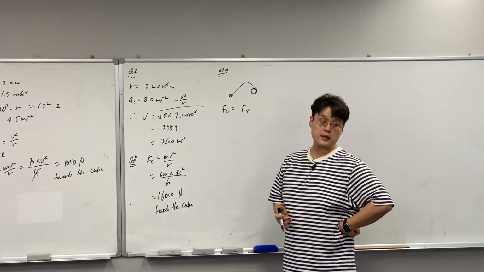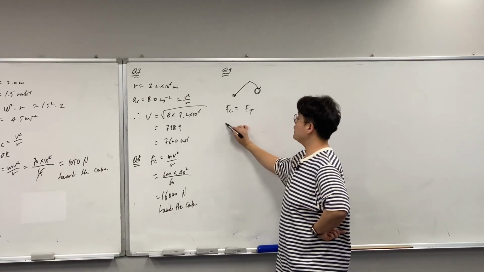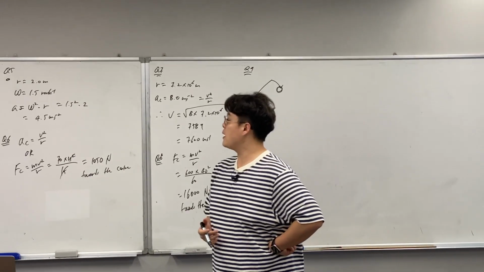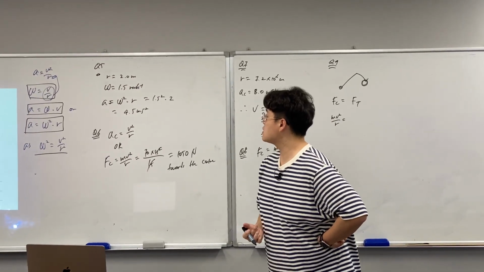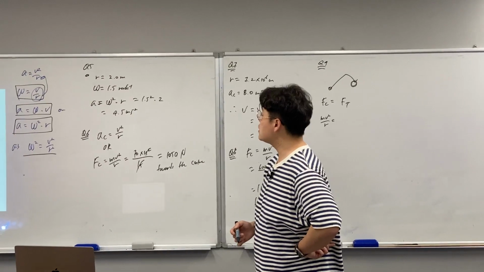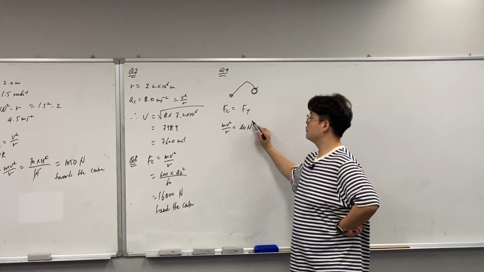That means we have m v squared over r, which must be the same as the given tension force, 40 newtons.